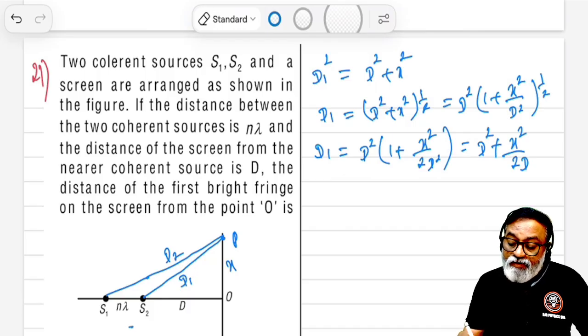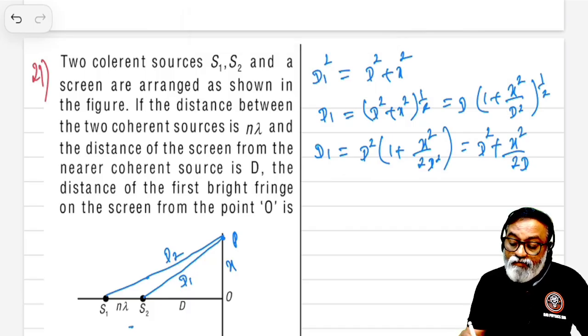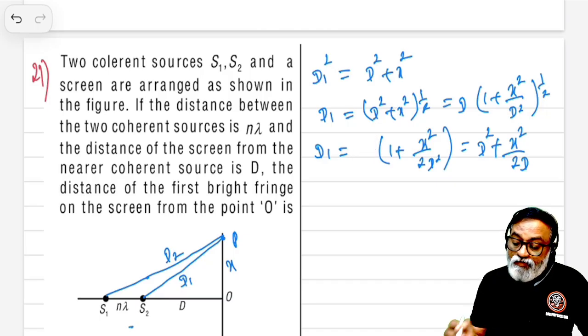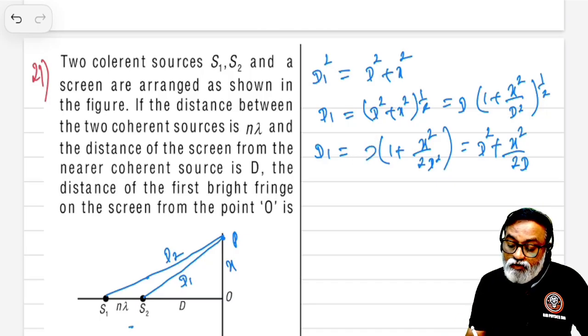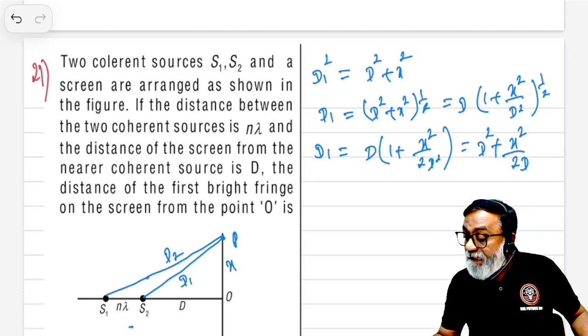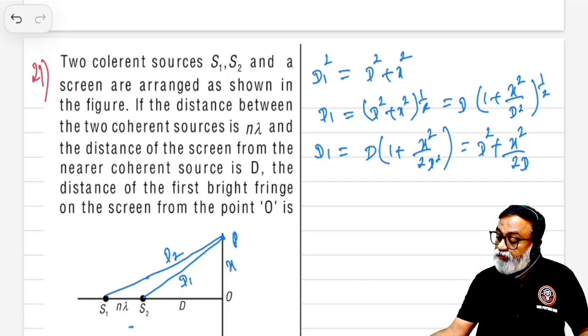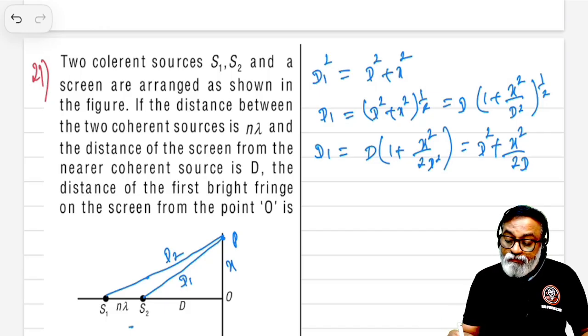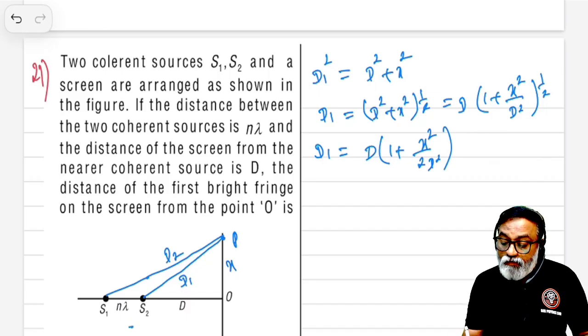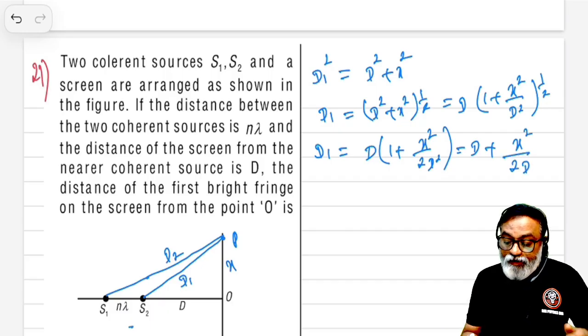Here D square common means here it becomes D. Here also D comes out of the root. This becomes D plus X square by 2D.